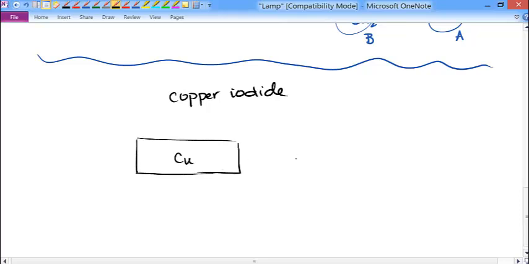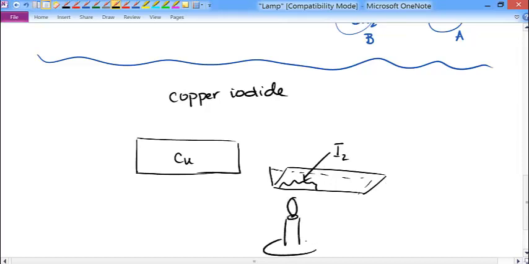And you're going to bend that piece of copper foil into sort of a V shape. And you're going to sprinkle some solid iodine onto this piece of copper. And then you're going to heat it up.